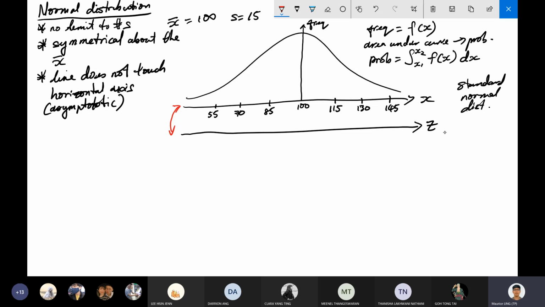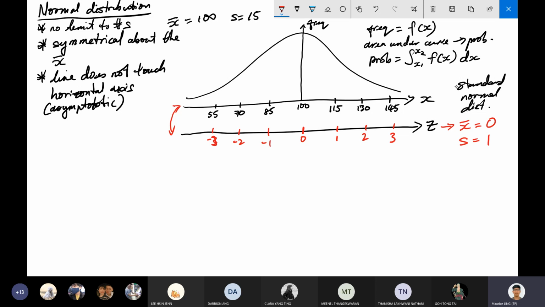The z-axis has a few important properties. One is the mean is 0. The standard deviation is 1. So indirectly, this is 0, this is 1, this is 2, this is 3. Here is -1, -2, -3, all the way to minus infinity and plus infinity.